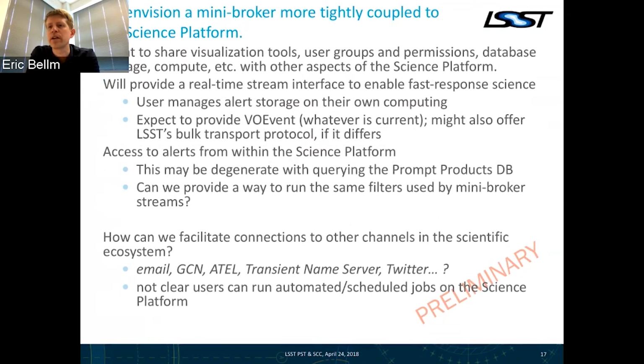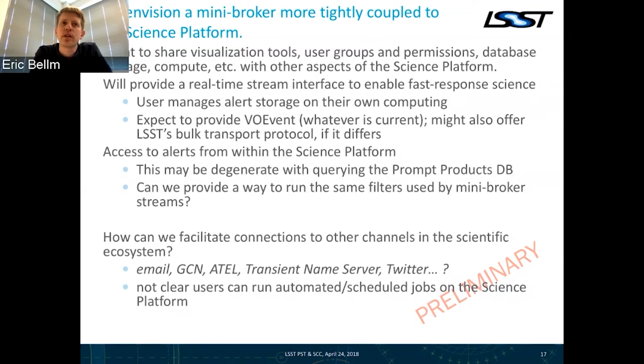It's not controlled by LSST, the project. It is probably doing extensive cross-matching to other catalogs. It's perhaps doing some kind of generic classification of alerts as they pass through, and perhaps providing a sample of high-quality supernova 1A that have been classified using a very sophisticated light curve fitter, for instance.